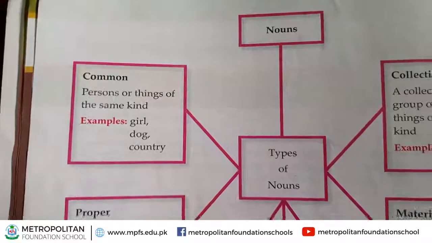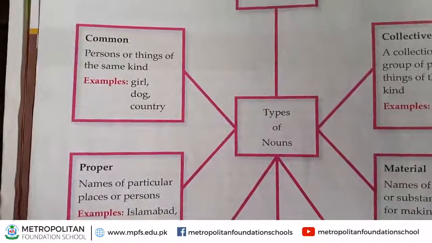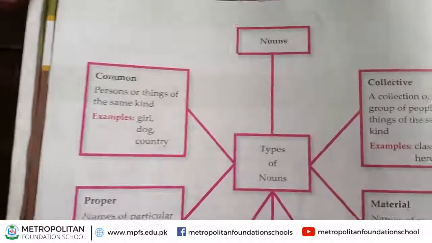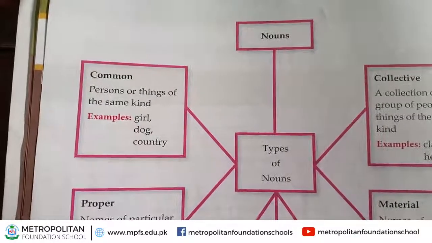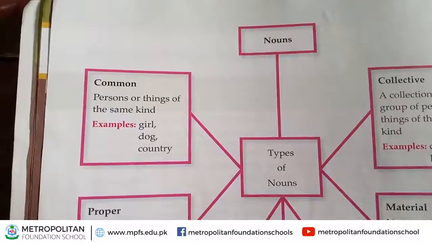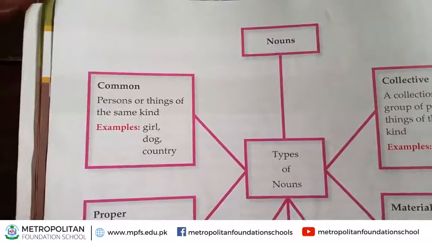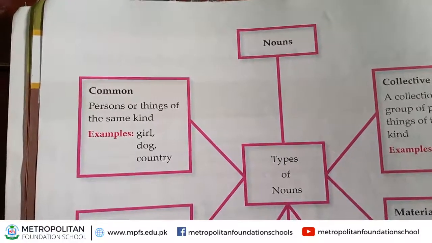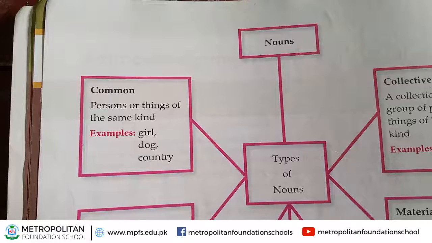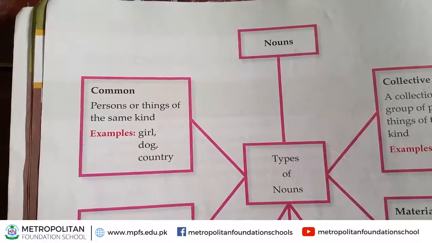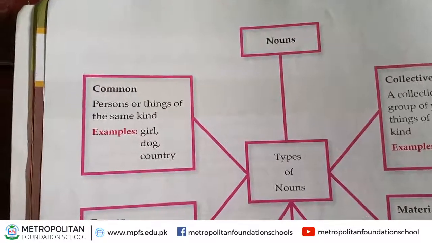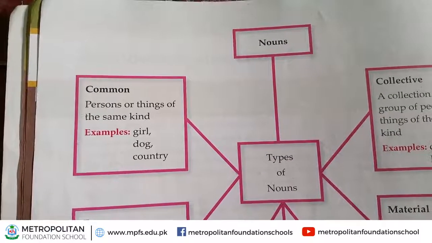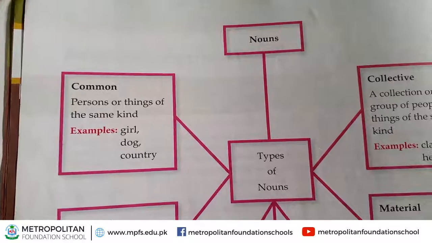So students, here I have the types of noun. I will explain what the types of nouns are. First is the common noun. In this, the person or things of the same kind are called common nouns. Examples: girl, dog, country.